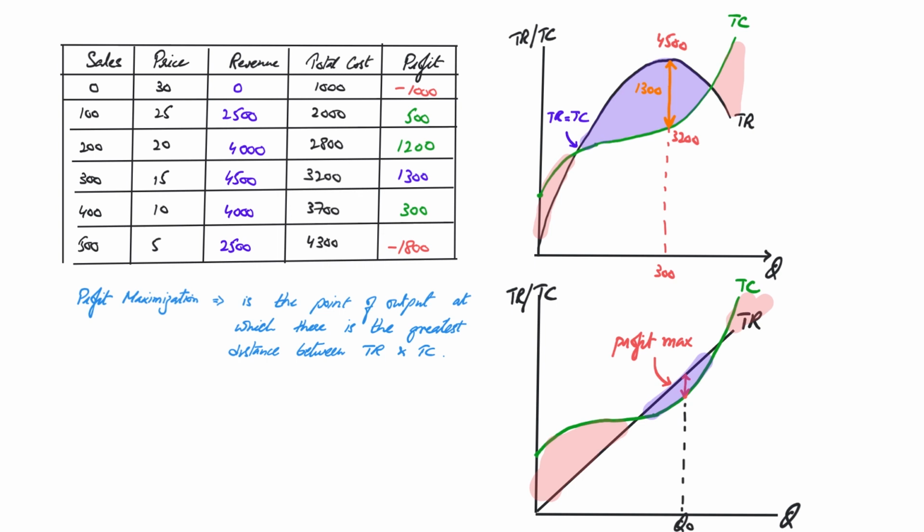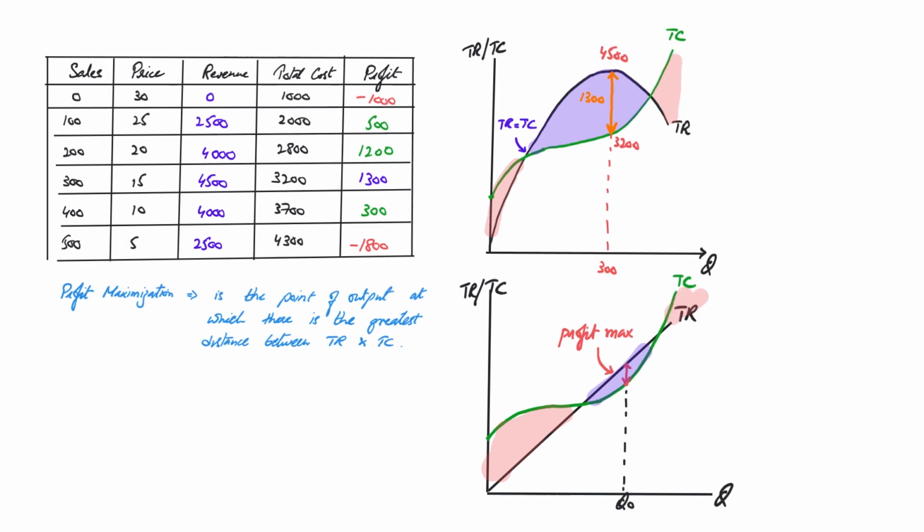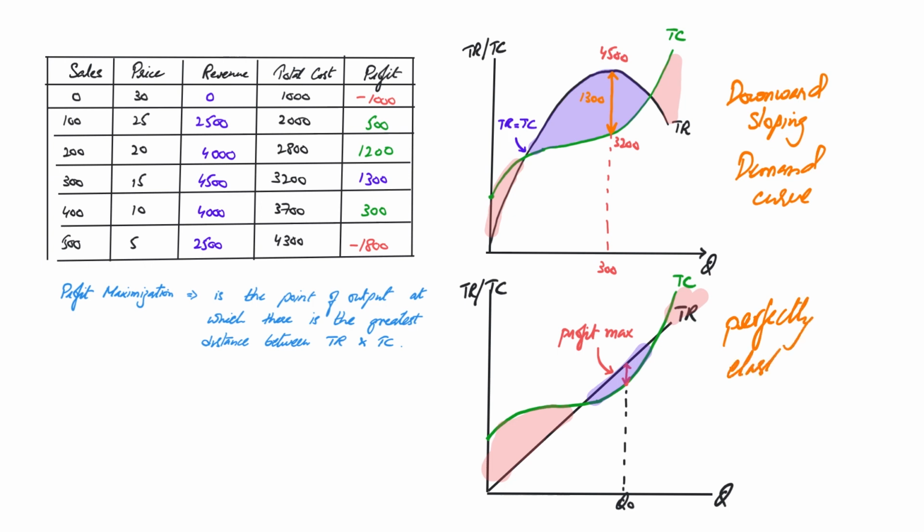So in my graphs I will do this marking, that this one on the left is for a downward sloping demand curve, and this is for a perfectly elastic demand curve, right?